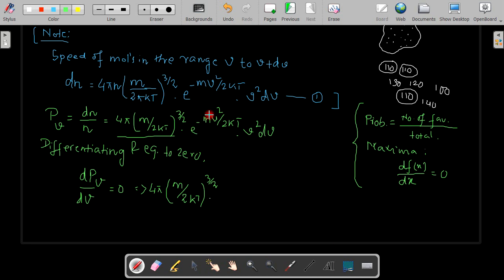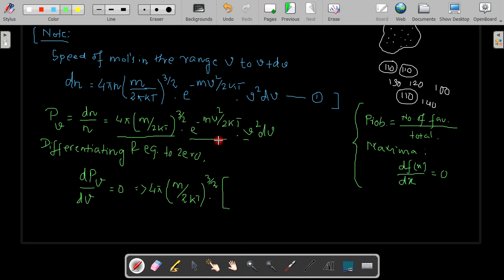And then we have to differentiate this. Now it's basically a product of two functions here, one is this, one is this. So if we differentiate this term, we are going to have two terms.